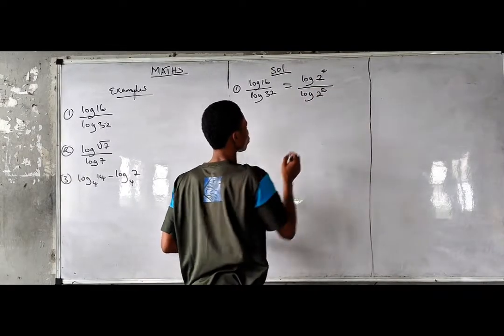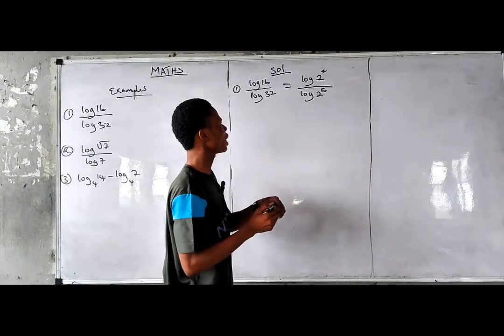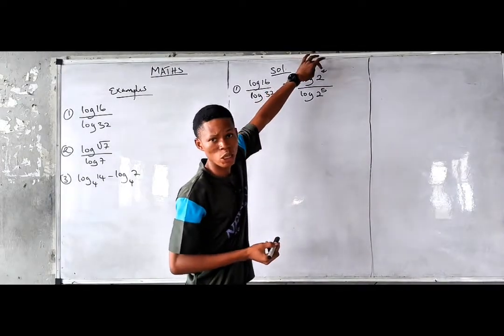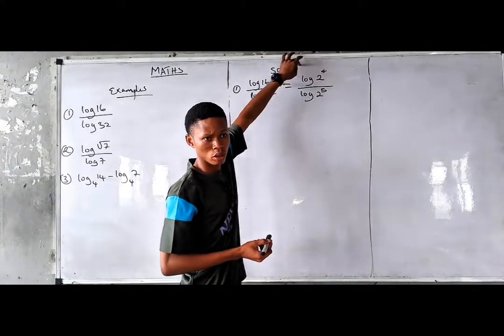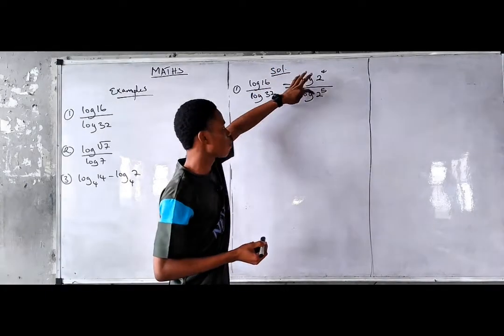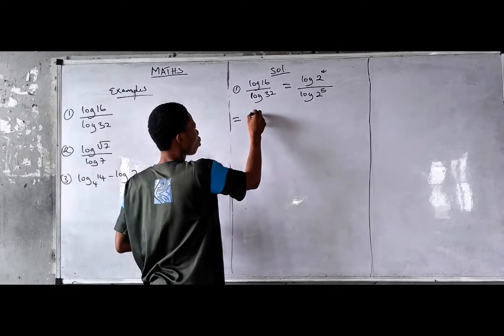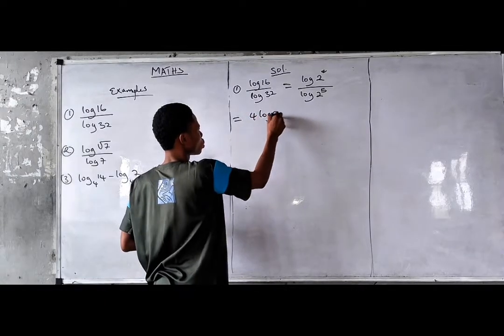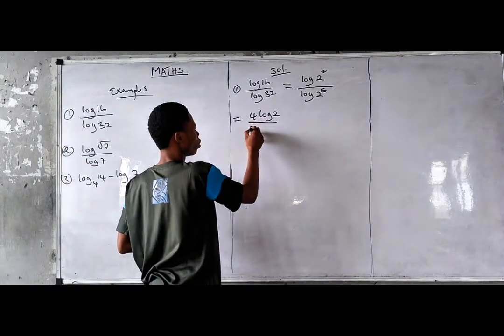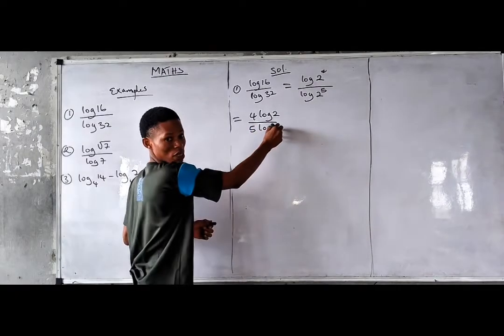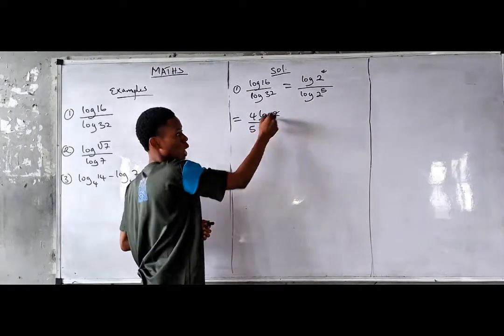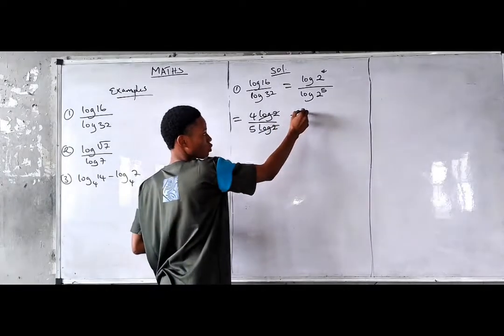Good. And remember what we said earlier on. This is power. So what will happen? The power, what do we do here? We'll take it back. So we are left with 4 log 2 all over 5 log 2, right? And you agree with me that log 2 can cancel out log 2. We are left with 4 over 5.